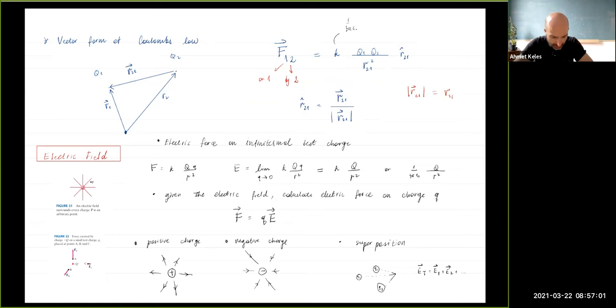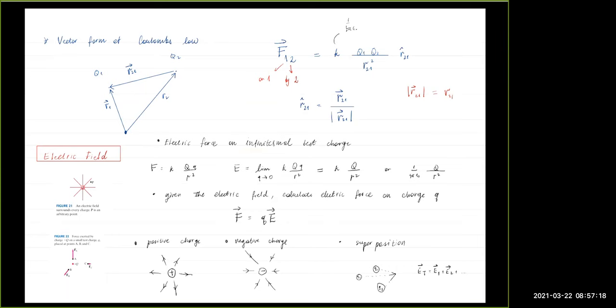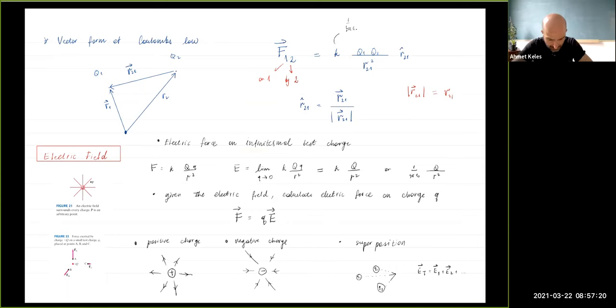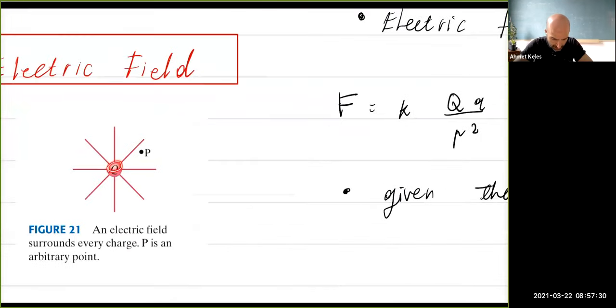Now, let me introduce a concept called electric field. So what is electric field? Electric field is the force experienced by a unit charge or by an infinitesimal test charge. To get this, we can start from Coulomb's law. Let's say the given charge is big Q, and we put a test charge here, let's call it small q.